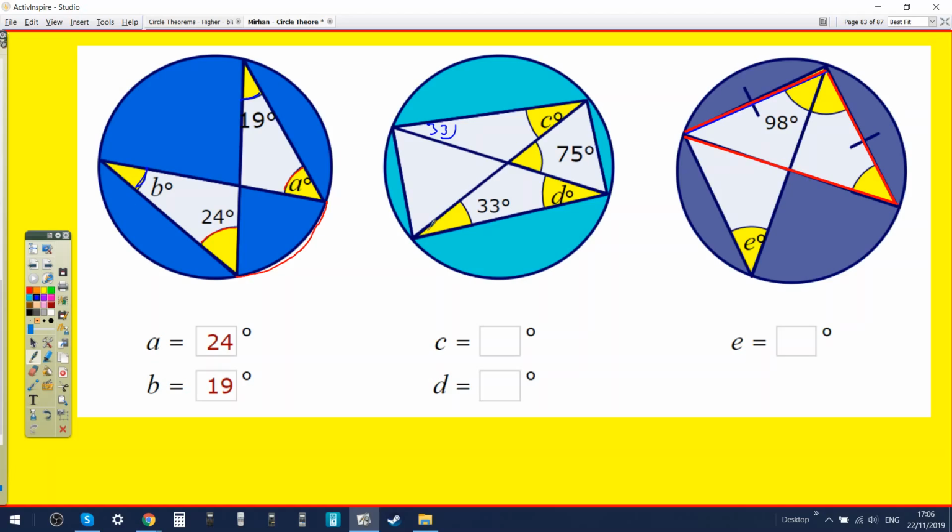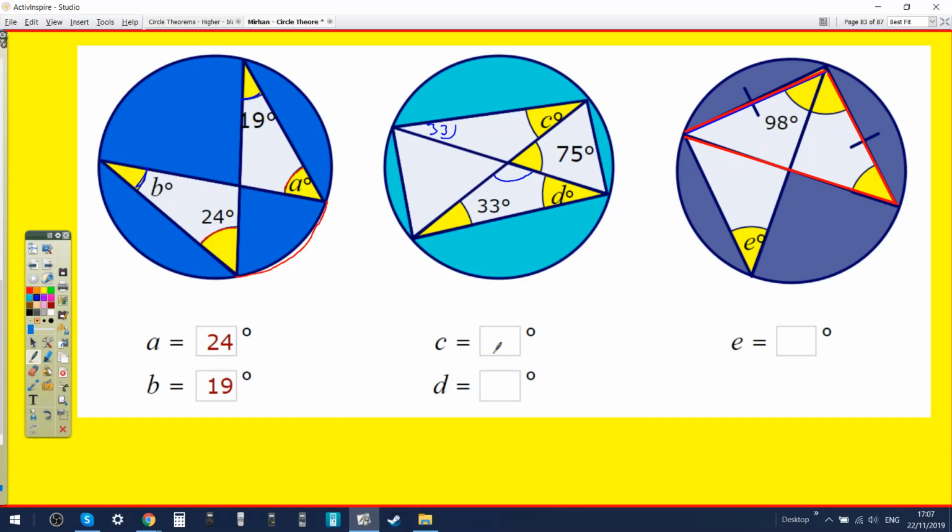Are there any angles you can fill in, any blanks? How about this one? 180 minus 33 minus D. So we don't know what D is. Is there any other way you can find it?